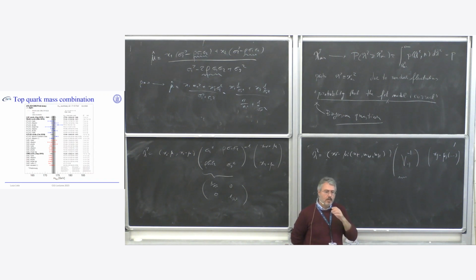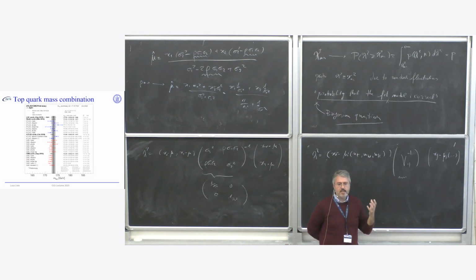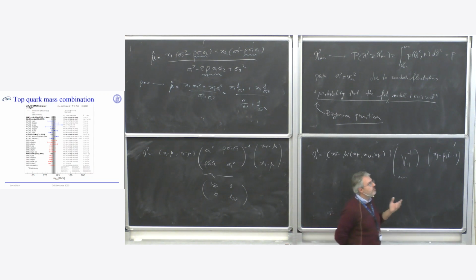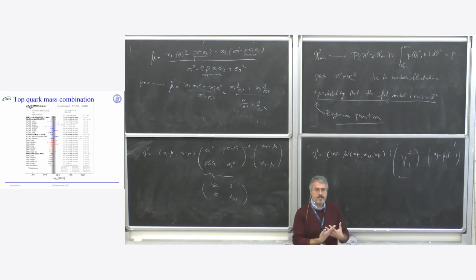It could also be, well, usually, if you have just statistical uncertainty, in most cases all the different measurements are taken from different data samples. If you have two measurements where you have overlap of the experimental sample, you may also have correlation due to the statistical uncertainty, because if you use the same data to do two measurements, the statistical uncertainty may have some common component. Okay.